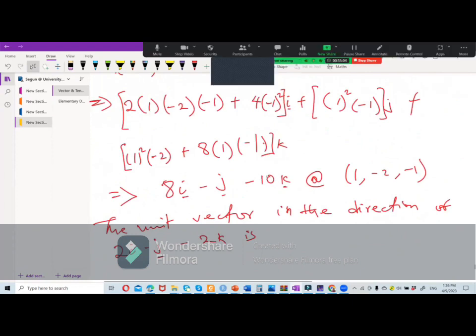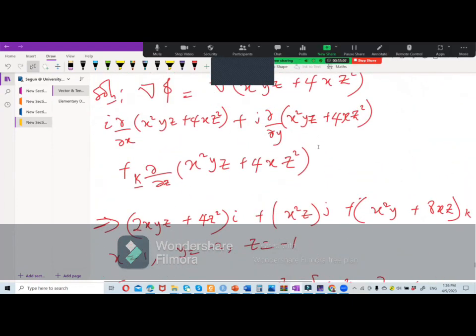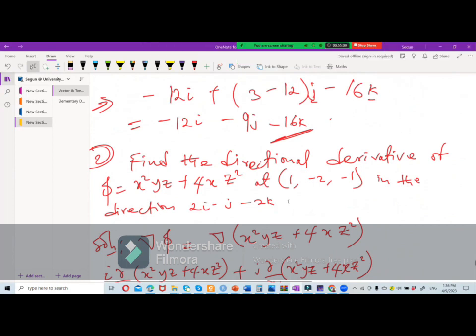Let's go to the question first. Let's read the question. The question says, find the directional derivative of phi equals x squared plus y z, plus 4x z squared at this point, in the direction of 2i minus j minus 2k.